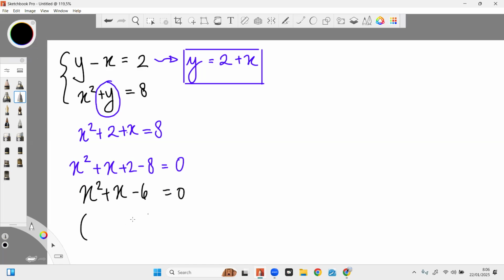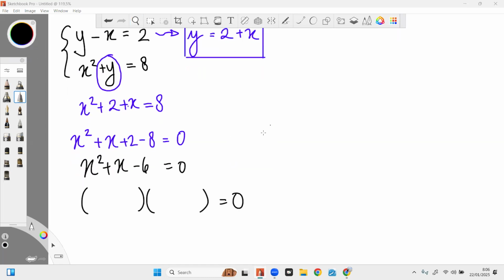Can you factorize this? Can you use the ABC formula? Yes. Can you complete the square? Yes. Find the simple way. Sum and product. So what number times what number equals negative 6? Or 6 first. This is the way I do. I usually do it in my mind, but I'll try to write it down. 1 times 6, 2 times 3.